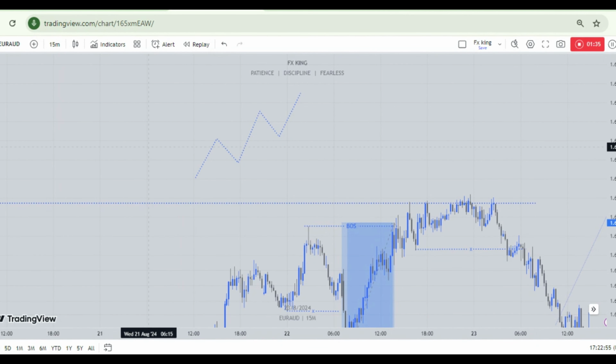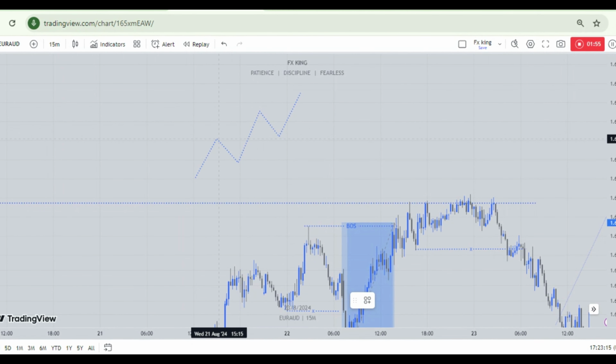Now, what is being defined as order flow is this zone. This zone here, this pullback, starting from the pullback high to the pullback low here. Same as this one here. This is our most recent order flow, the pullback high to this pullback low here.